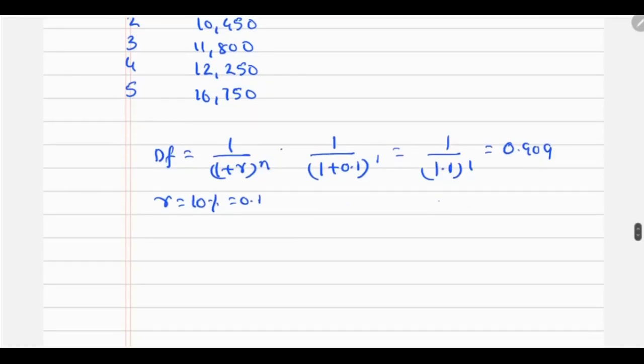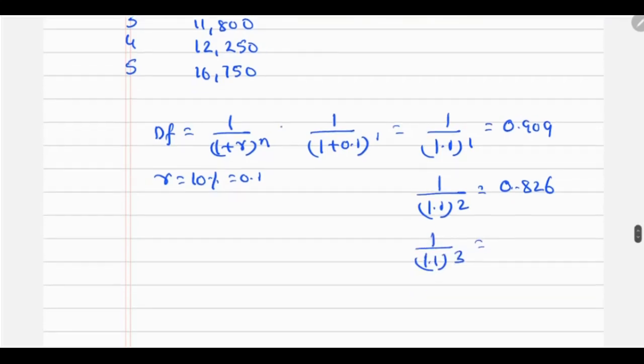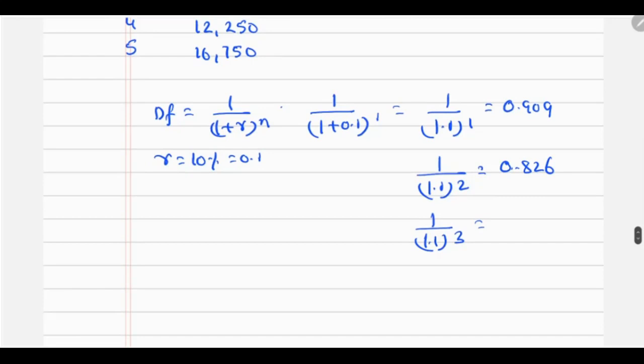Similar way, you have to go for second year, 1.1 whole square. If you are having a Casio basic calculator, there is no need of putting any squares. Once again, you just press the equal to. You'll be getting the second year discount factor, which comes around 0.826. Similar way for third year, once again you just press the equal to.